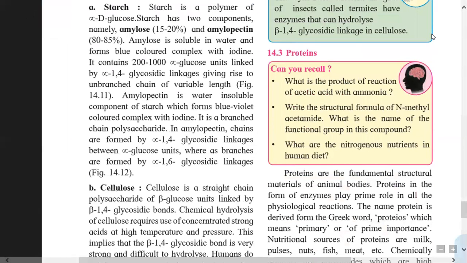Now the second component of starch is amylopectin. Exactly opposite to amylose, it is water insoluble. It forms a blue violet colored complex with iodine. It is a branched polysaccharide chain.